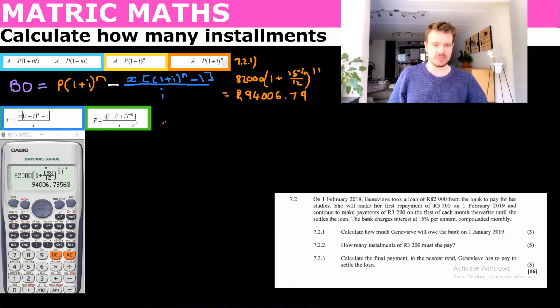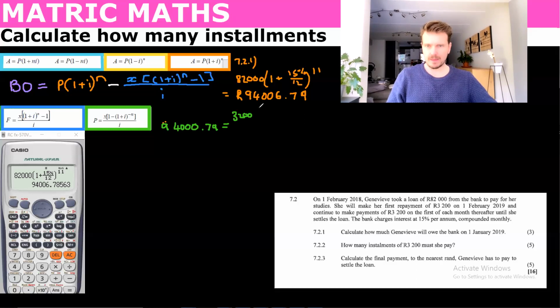So if you've calculated the value of the loan on the 1st of January, you start paying on the 1st of February, you use the formula as usual. So we can put in this 94,006 Rand and 79 cents equals, and then the payments are 3,200.